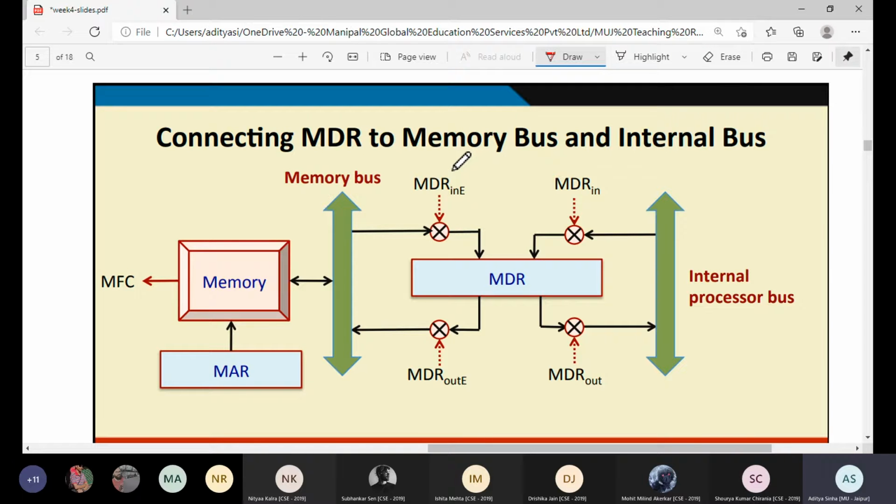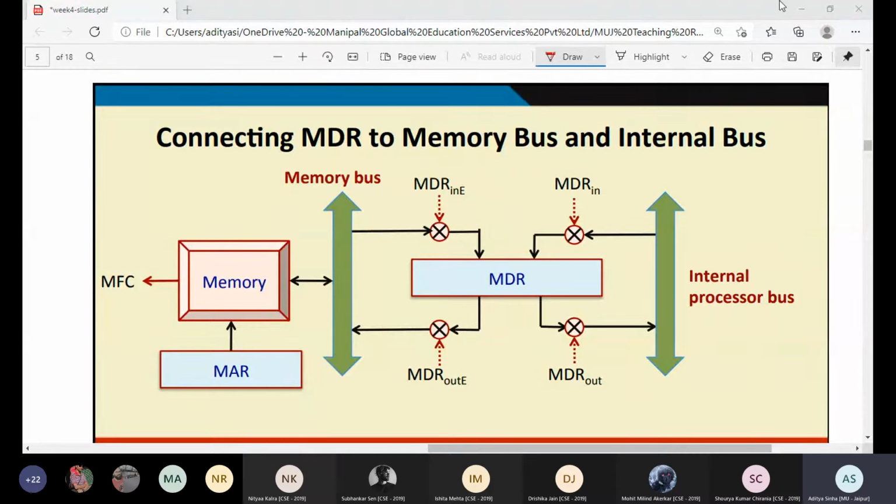What did we discuss in the last lecture? भूल गए क्या? Control signals. Any ideas? What are control signals? Can anyone please summarize what we studied in the last lecture?